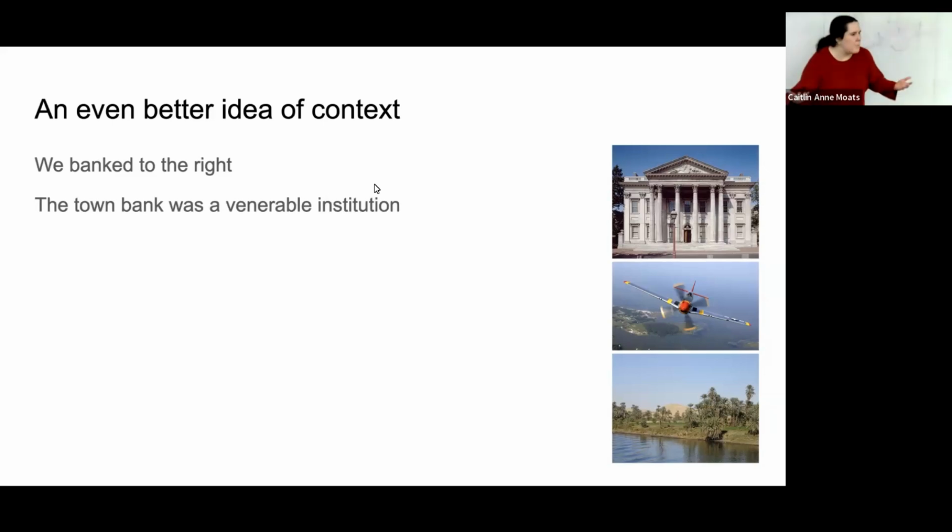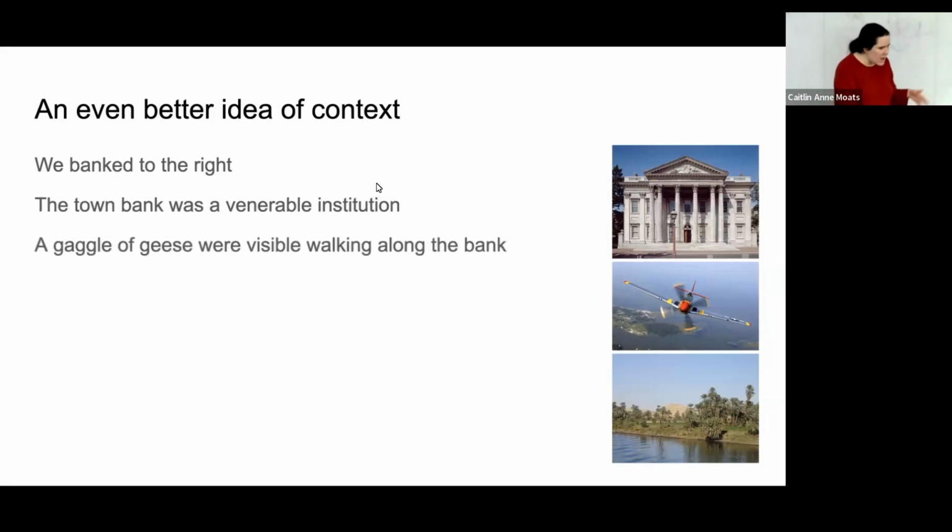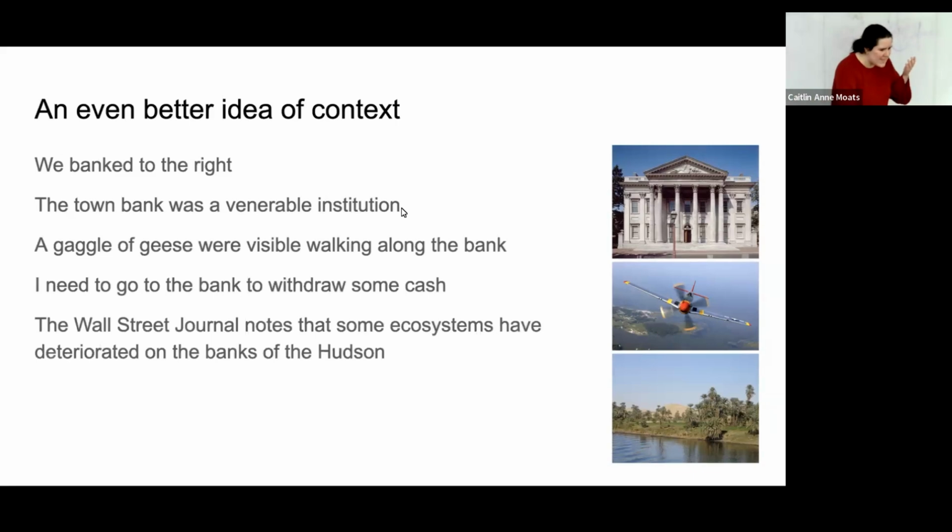Likewise, "the town bank was a venerable institution." The words that appear around a particular word are informative, just like they are for us as people about which meaning is being used. And this applies even to more difficult sentences.